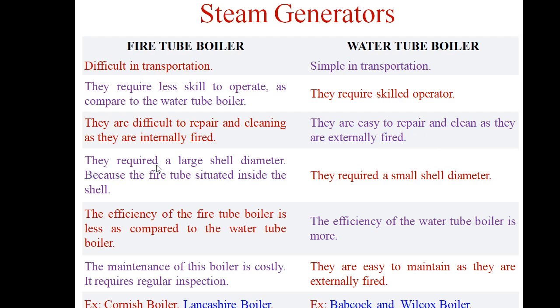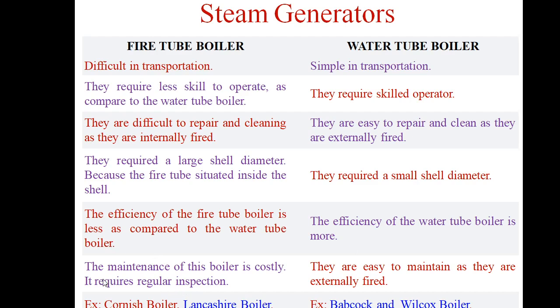Fire tube boilers require a large shell diameter because the fire tubes are situated inside the shell, whereas water tube boilers require a small shell diameter because the furnace is installed outside and water passes through the tubes. Then the efficiency of the fire tube boiler is less compared to the water tube boiler.